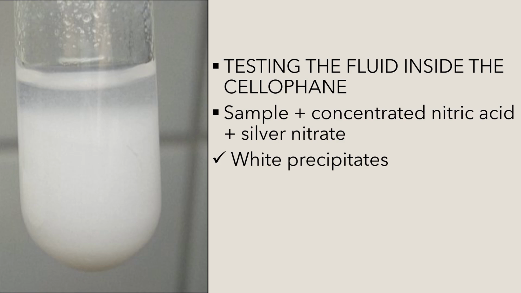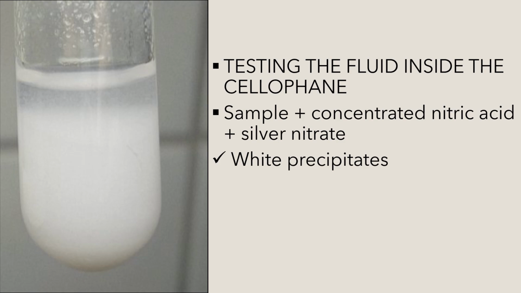Okay, and so we tested first for the presence of sodium chloride. 1 ml of sample is placed in a test tube. And then after placing that, we added drops of concentrated nitric acid and silver nitrate solution.